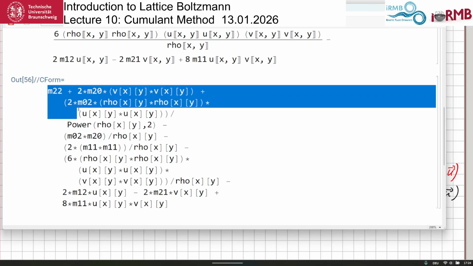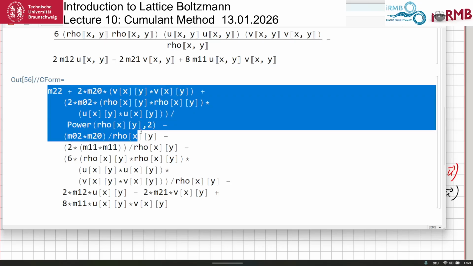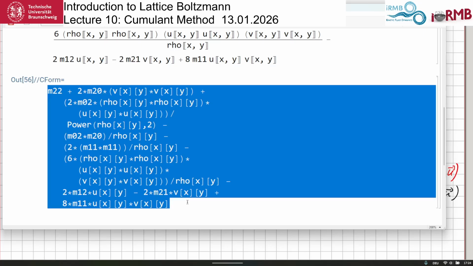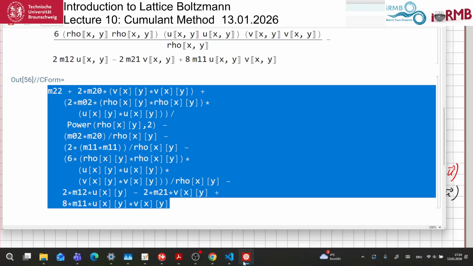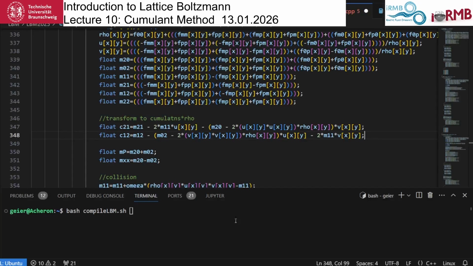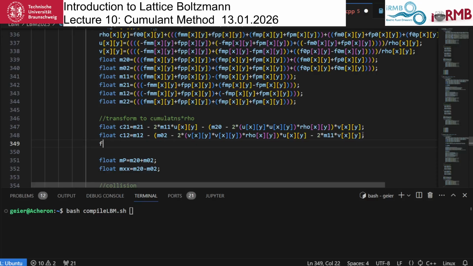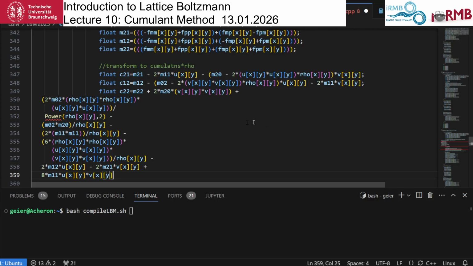So what we see here is we have here power left. We'll deal with this here. So we say there's a float C22, yeah? And now we'll add this ugly stuff.